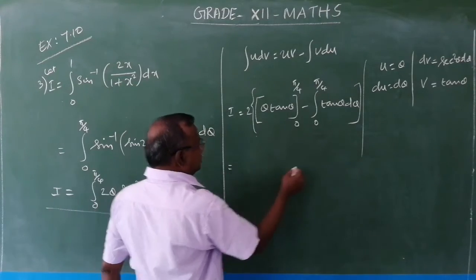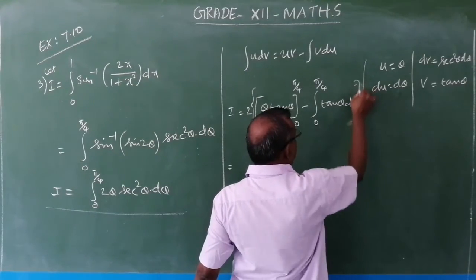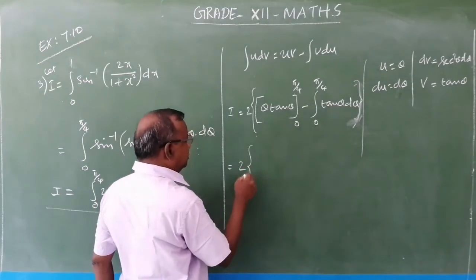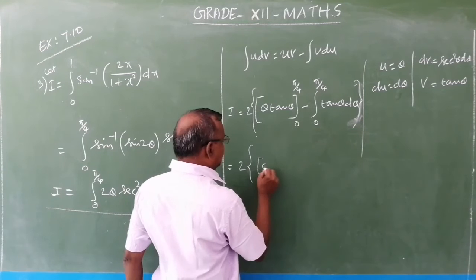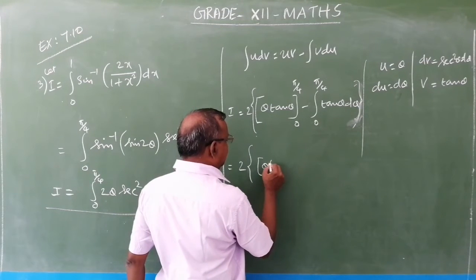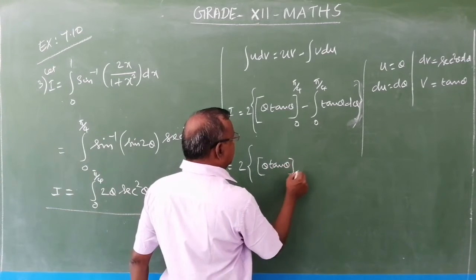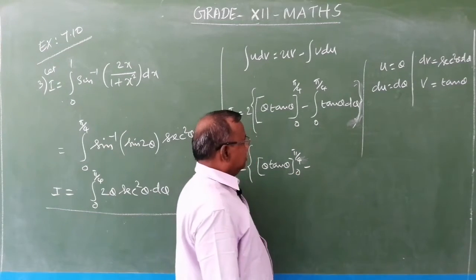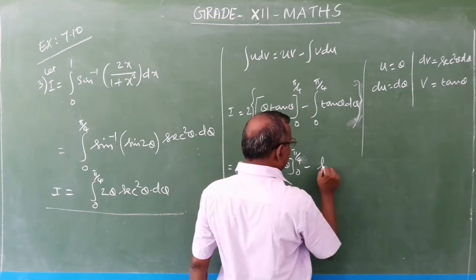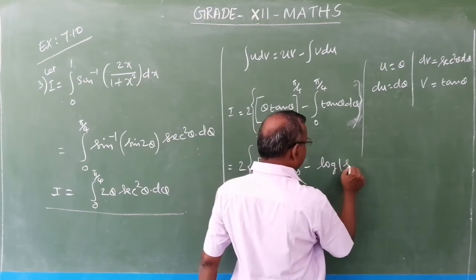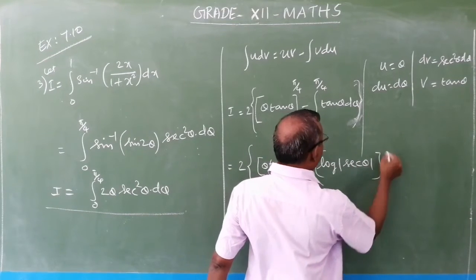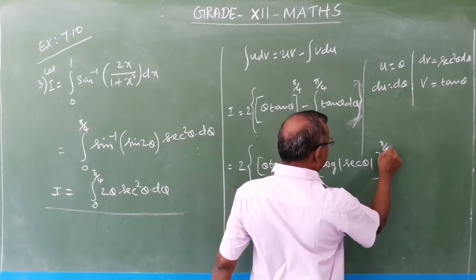Now, this is equal to 2 into theta tan theta from 0 to pi by 4, minus, integrating tan theta we have log of modulus of secant theta within the limit 0 to pi by 4.